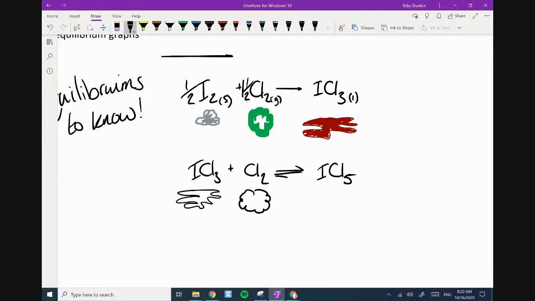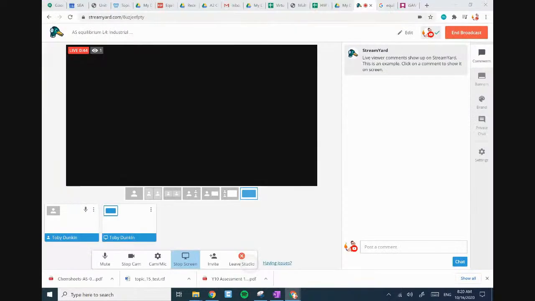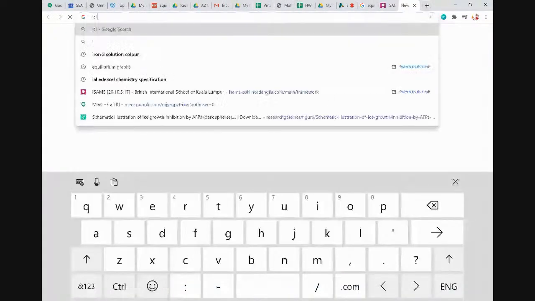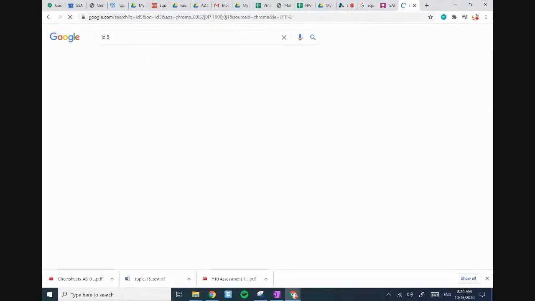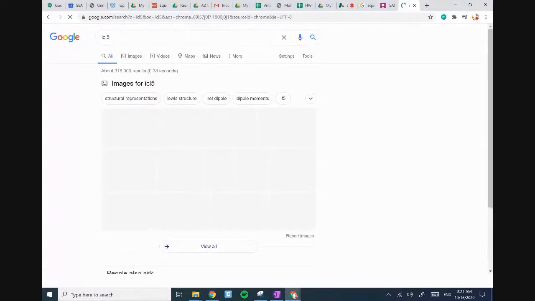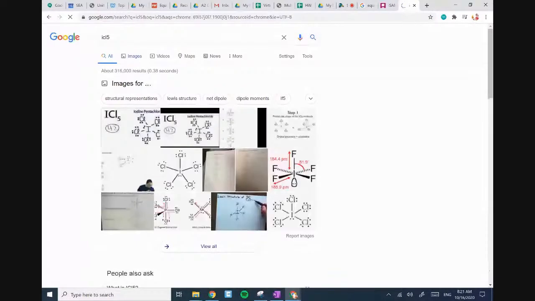It's nice for me to check that. Let's have a look. ICl5. Come on, ICl5. Let's have a look what it looks like. Come on, little dappy. Doesn't work as fast as I do. Yellow solid. Come on, give me a yellow solid. Oh, it's really slow today.